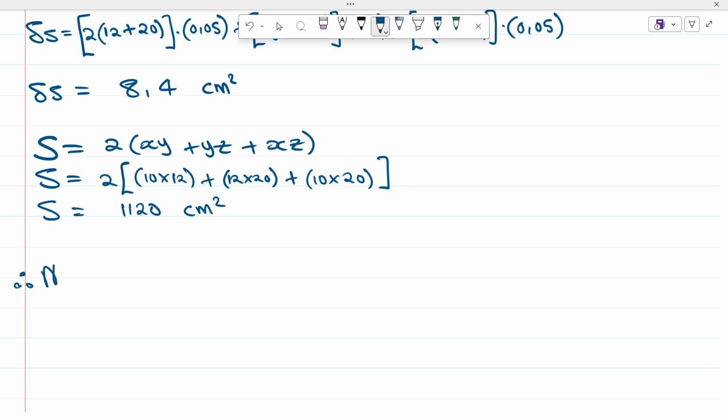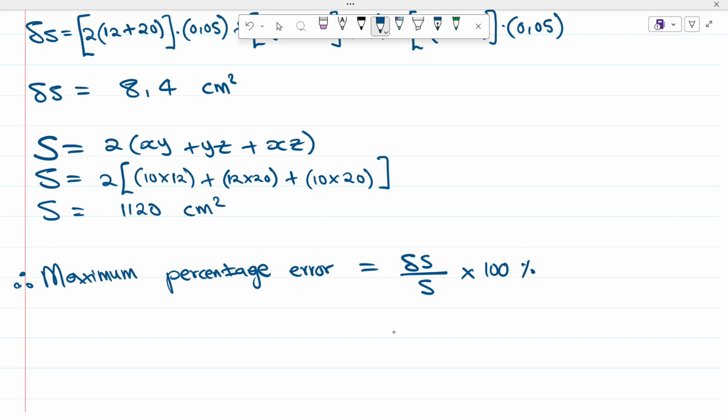Therefore, now we can answer our question. Our maximum percentage error is equal to the small change in s divided by s, the total surface area, multiplied by 100%.